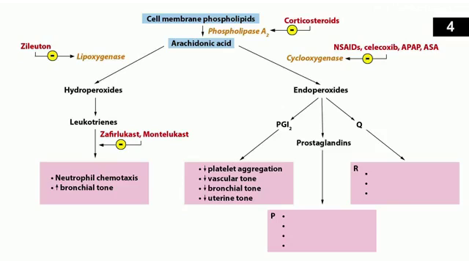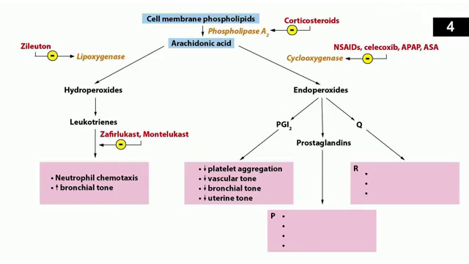Letter O is prostaglandins, which are slightly different. Prostaglandins actually increase uterine tone, so they're helpful to either induce labor or they're useful as abortifacients because they induce uterine contractions. And they decrease vascular tone. Prostaglandins keep vessels open. We're going to say that again and again throughout these videos. Specifically, we're referring to prostaglandins E2 and F2 alpha.